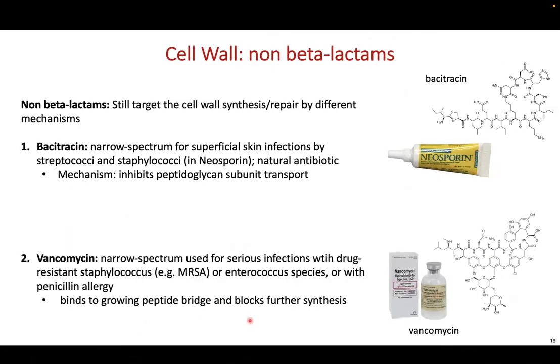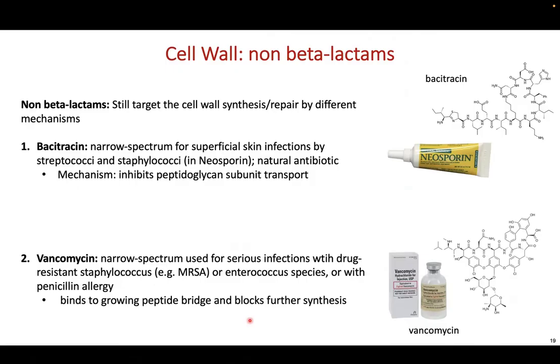So now we also have to talk about the antibiotics that do not act on beta lactams. We call these classes non-beta lactams. They still target the cell wall synthesis and repair, but they do this using a different mechanism. The first class that we are going to talk about is bacitracin.